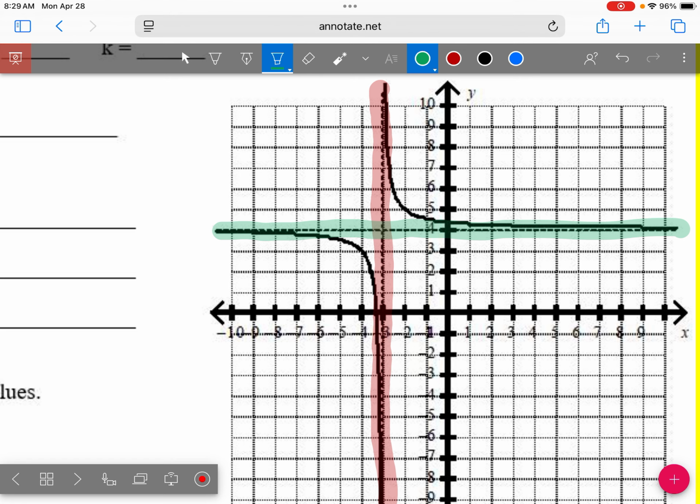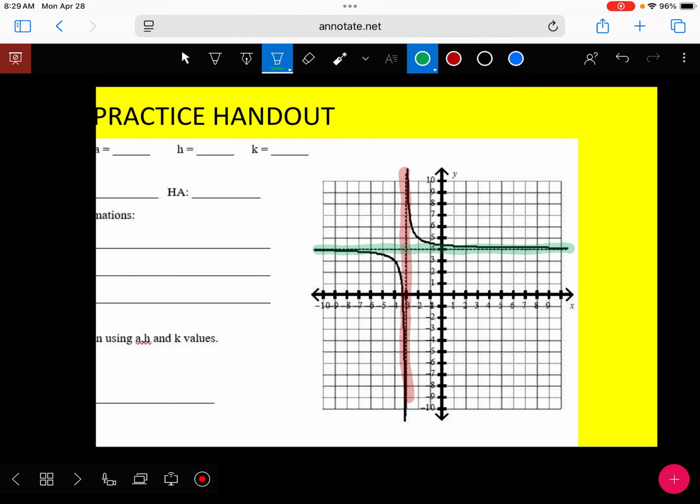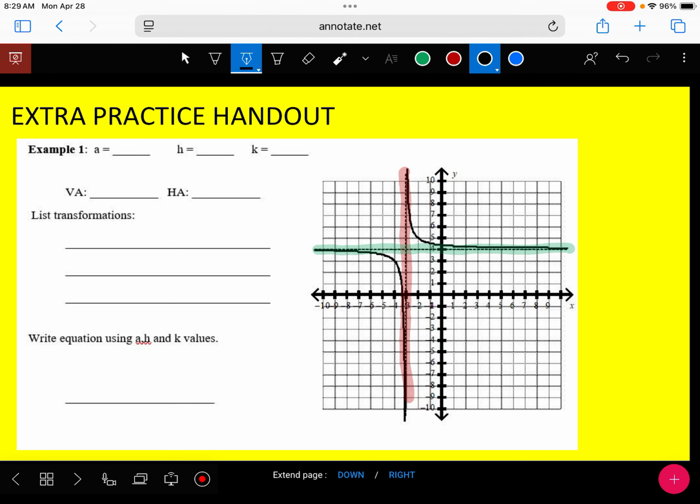It's at x equals what? -3. So you're going to write h. That pink line determines h and the equation for our vertical asymptote. So that means that it goes left 3.